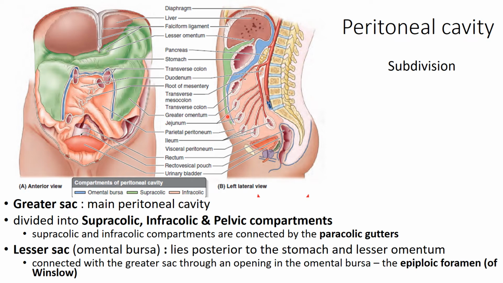Now these supracolic and infracolic compartments are connected by the paracolic gutters. The lesser sac, also known as the omental bursa, is the space lying posterior to the stomach and the lesser omentum, and it is connected with the greater sac through an opening known as the epiploic foramen or the foramen of Winslow.